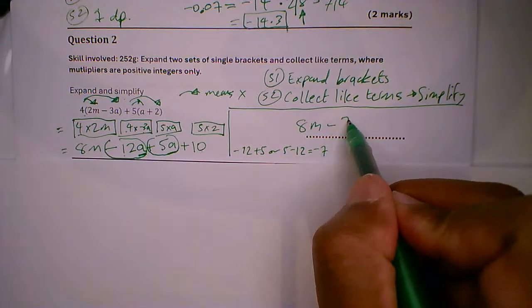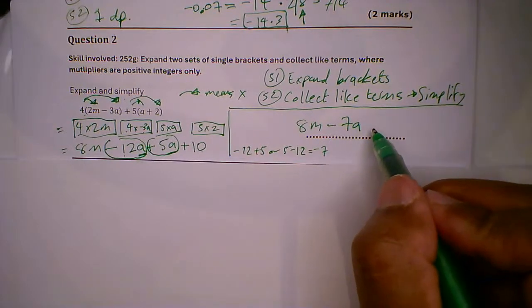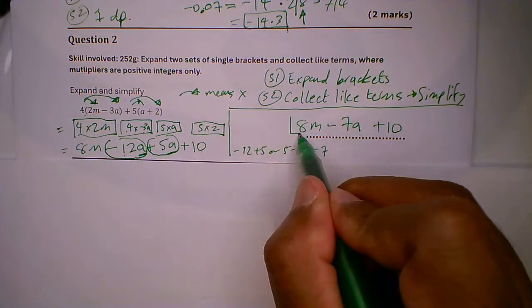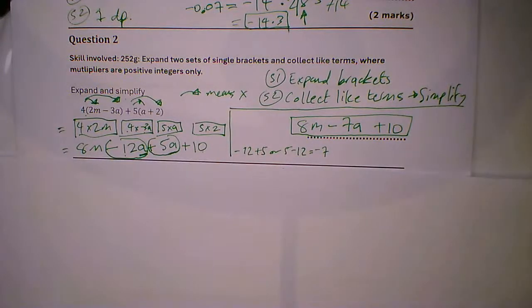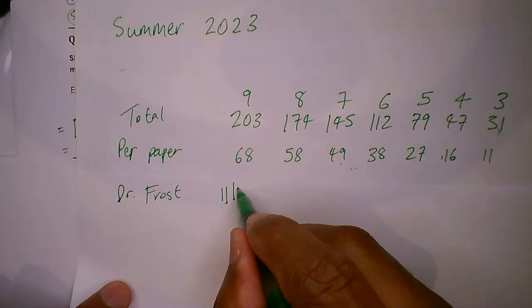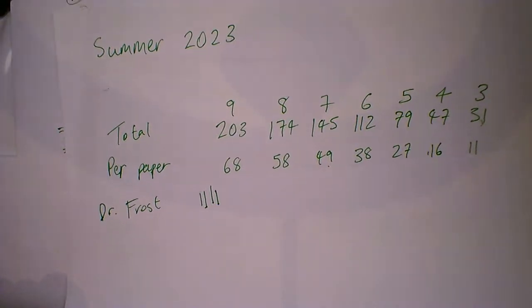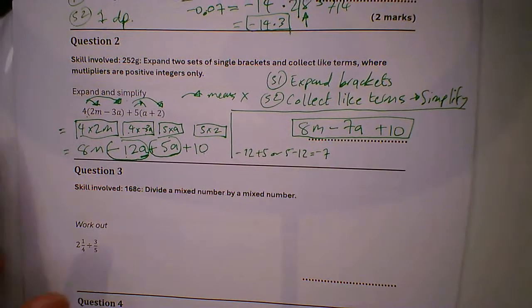So this becomes minus 7a, and then you've got plus 10. And that is my final answer. That would be worth at least 2 marks. Doesn't have anything there, but that would be a 2-mark question minimum. So that's 4 marks banked. Let's go to the next question, question 3.